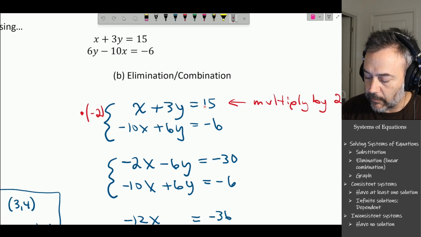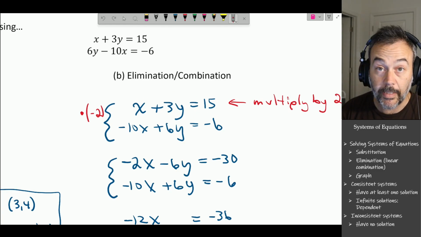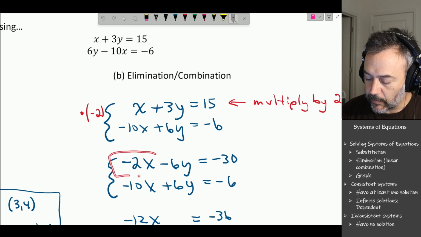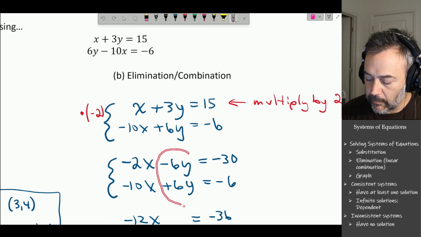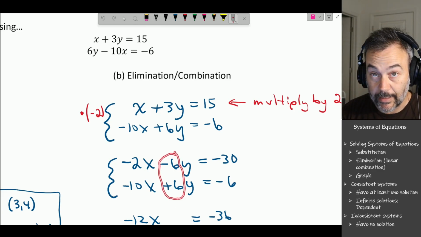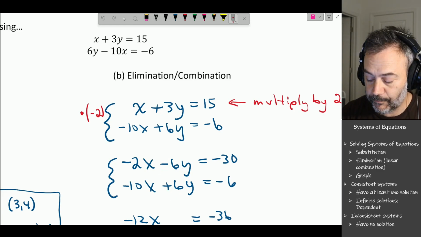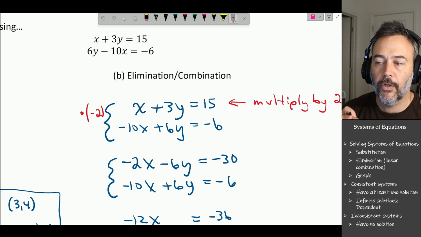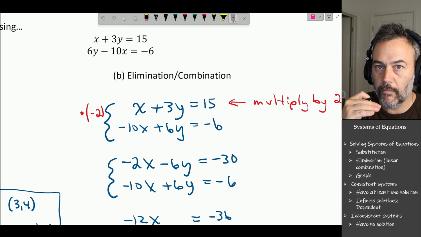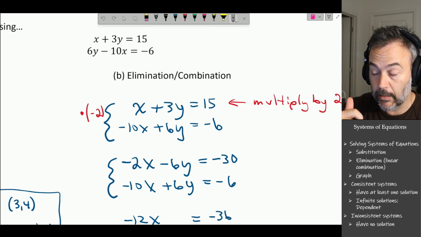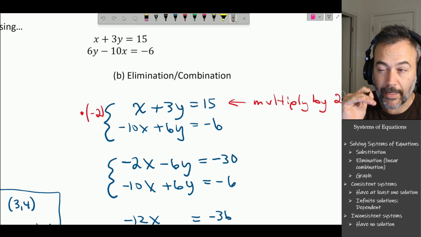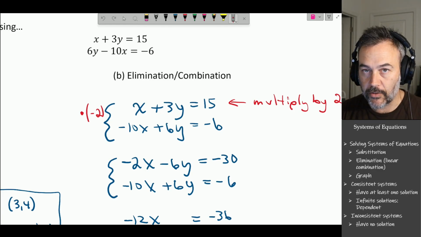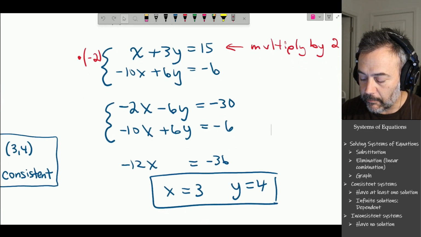I multiplied this whole equation by -2, and you'll see that result here. The goal is to get one of the variables to have the same coefficient with opposite sign so we can add them together. It's a good habit to make it so that they have the same value with opposite sign, so 6 and -6 in this case, because when you subtract equations, sometimes you'll make minus sign errors. So I'm trying to help you avoid common errors.